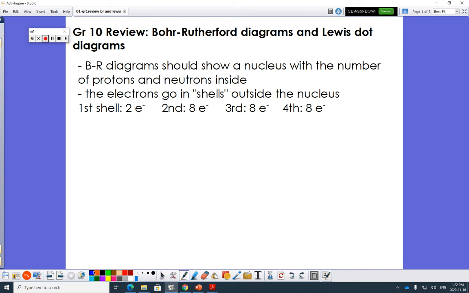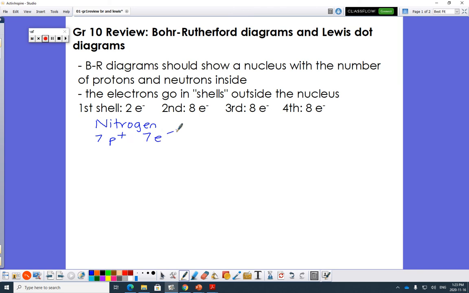Let's do nitrogen. So nitrogen is element number 7. So that means there are 7 protons. We'll just stick with atoms today. 7 electrons, sorry.